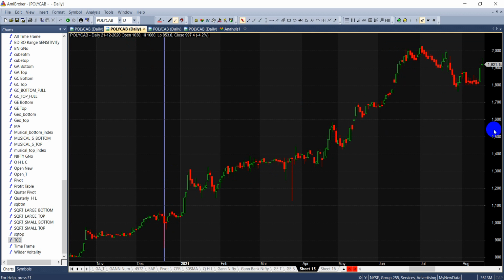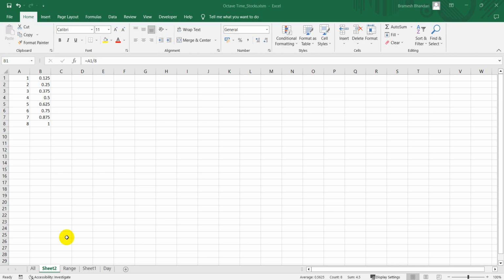So 853, 854 is the bottom and 2033 is the top. So we can type here in Excel, 2033 is the top and 854 is the bottom. The total rally this stock has given in point terms is 1179. So this is the rally which this particular stock has given.